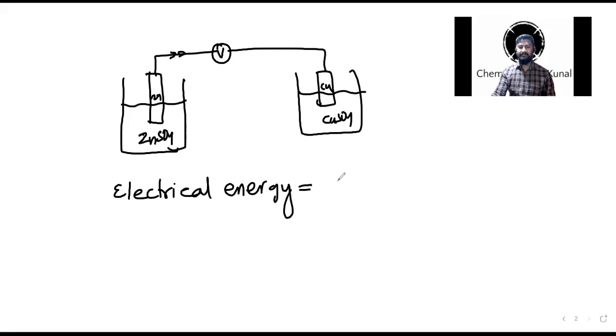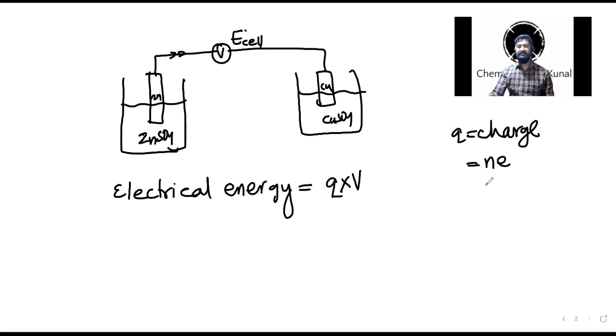We know the formula of electric energy is Q into V, where Q is the charge and V is the voltage. So as the cell operates, what's the voltage we will get? We'll get E cell, or E naught cell if the cell is standard. And what is the charge? Q is n into F, where n is the number of moles.